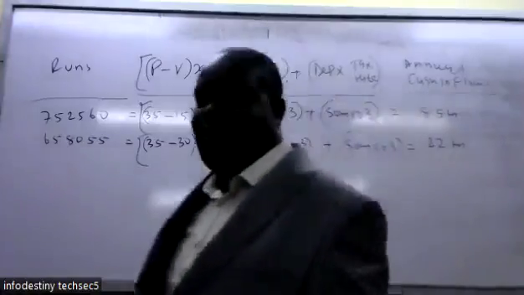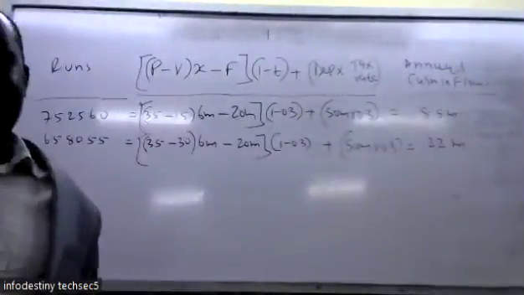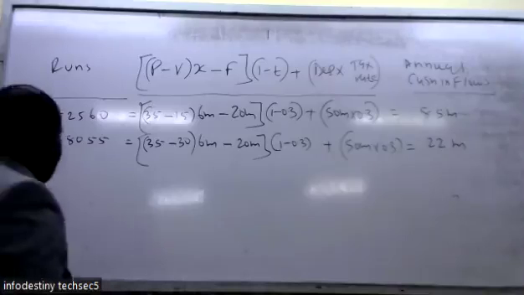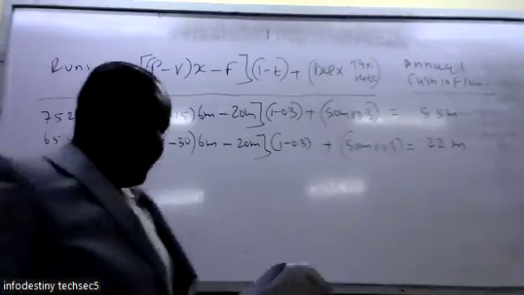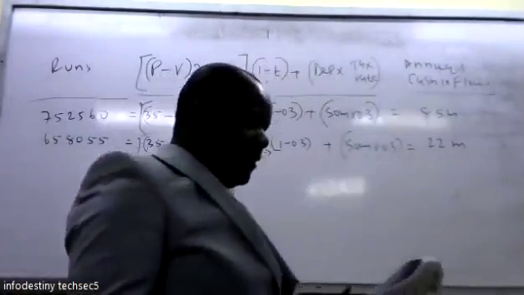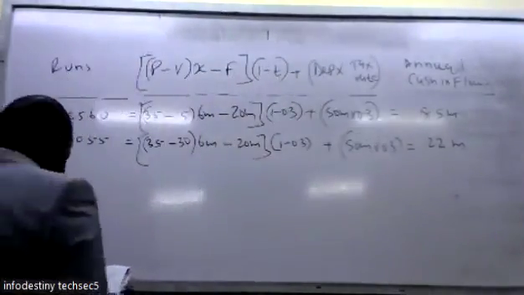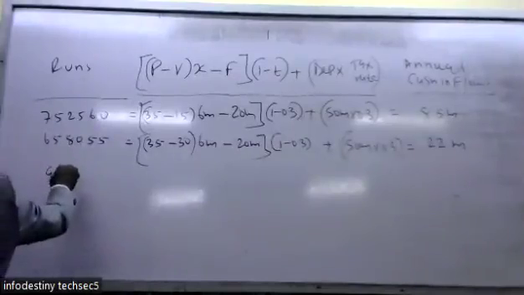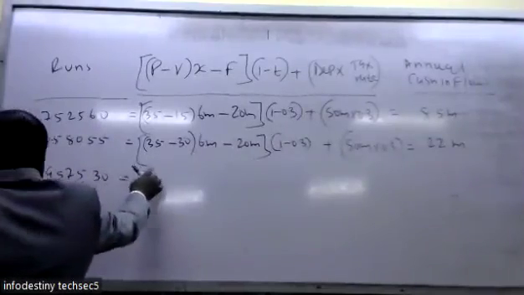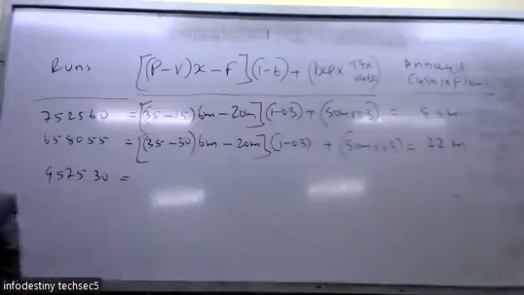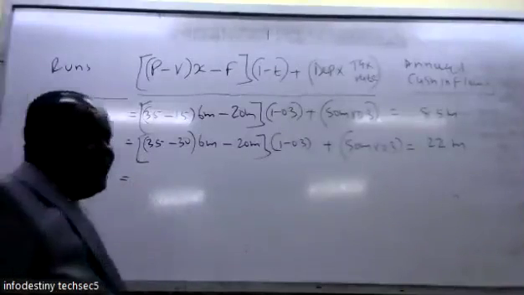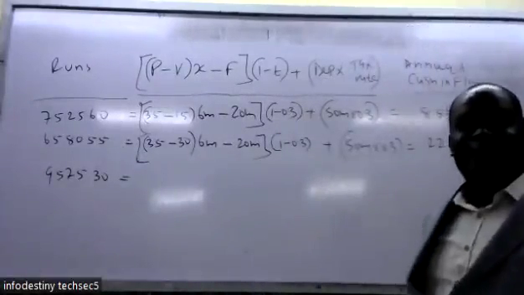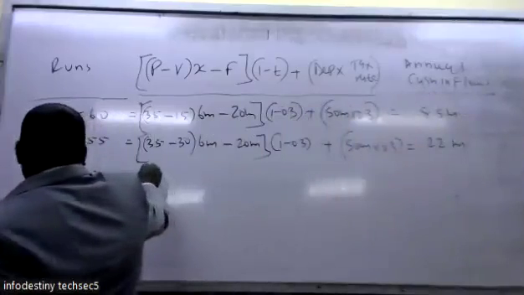Online, I hope we are together. Are you getting the same figures? Yes, they are saying they are getting the same values. So we go to random number 3. You are given 95, 75. So 95 gives a price of 45.